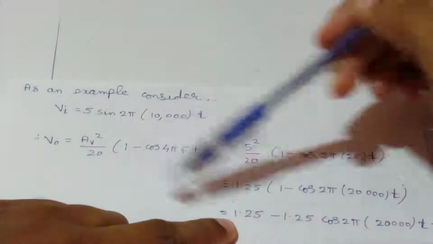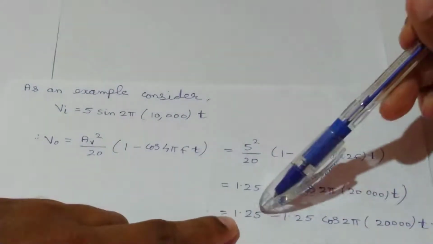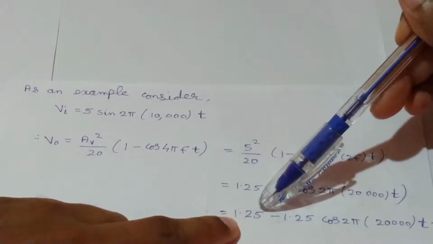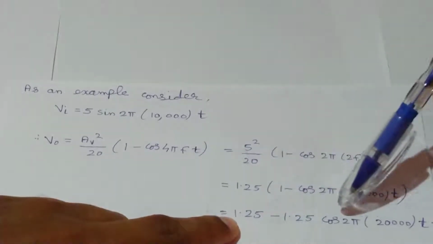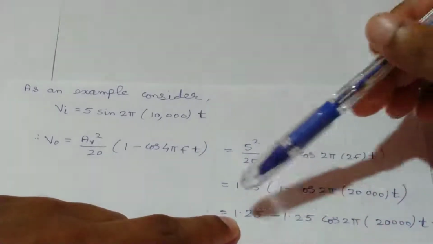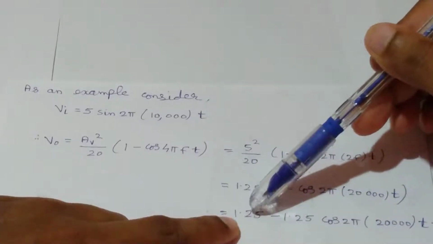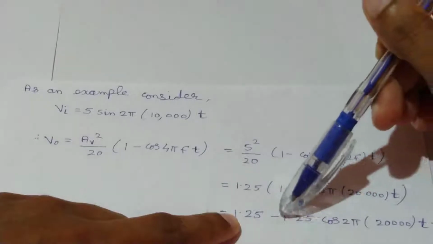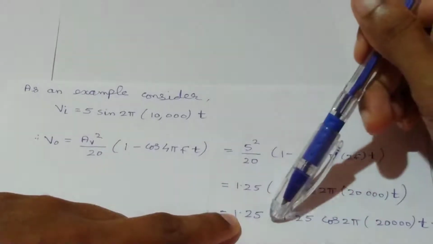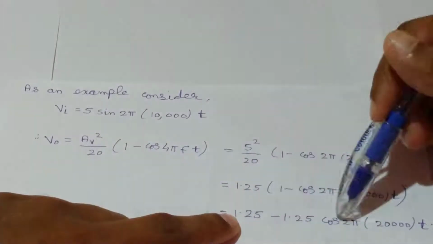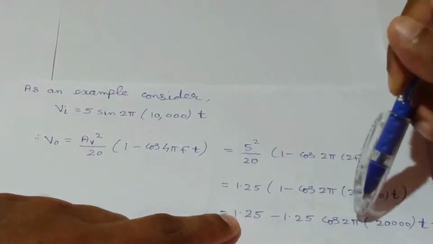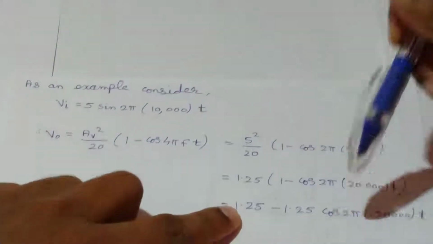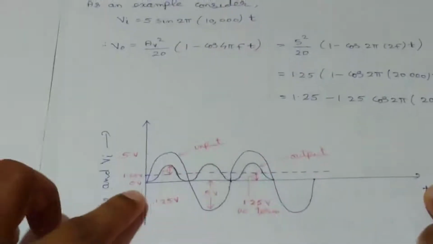When we consider this output equation, this 1.25 term is a DC component and this cosine signal is riding on that 1.25 volt, and the peak value of the cosine signal is 1.25 volt and here we have a negative sign. Hence when we plot this one, it should be like a minus cos signal. Let's now check those waveforms.